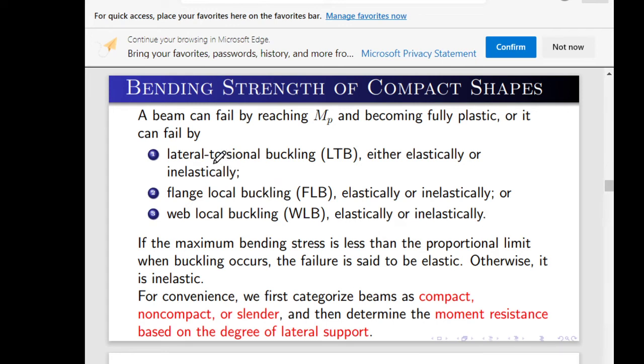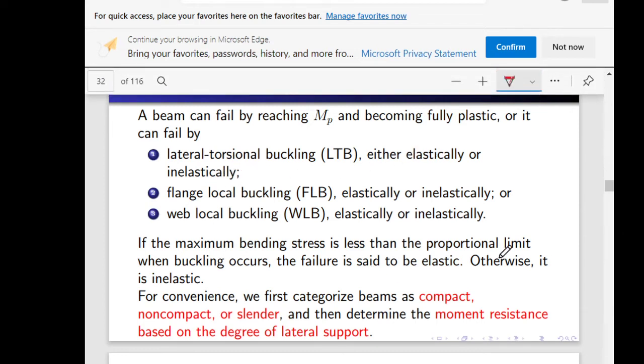Elastically means the stress is proportional to strain, before the yield point, while inelastically is beyond that, the plastic condition, after yielding.